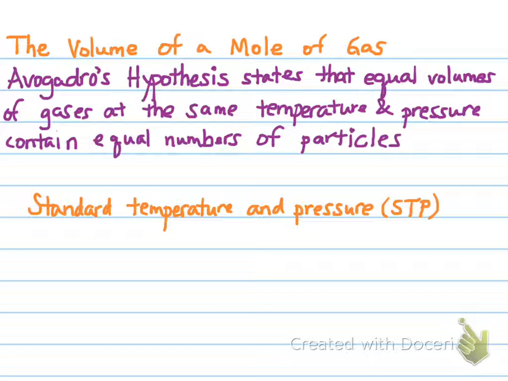He said that if I have two different gases, but they are at the same temperature, they are at the same pressure, and they're equal volumes, then I have to have the same number of particles of those two different gases.